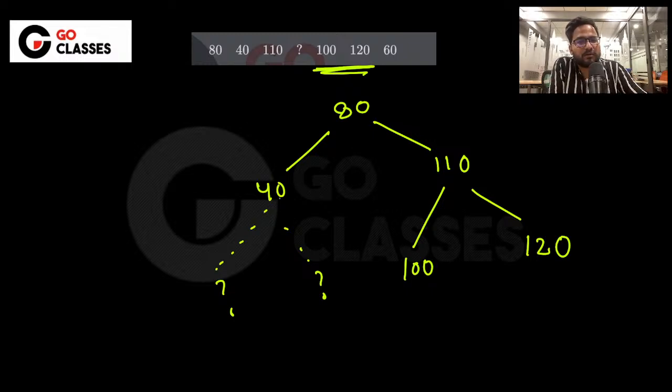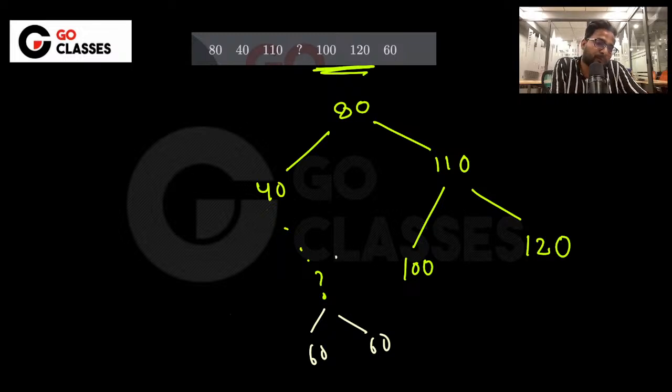Then 60 has to be inserted, right? Here there will be only one child, either left or right, but it has to be the right child only, because if it is a left child, then 60 can't be inserted anywhere.